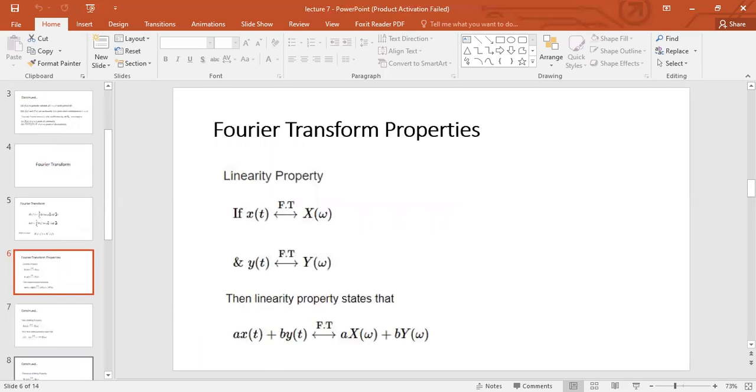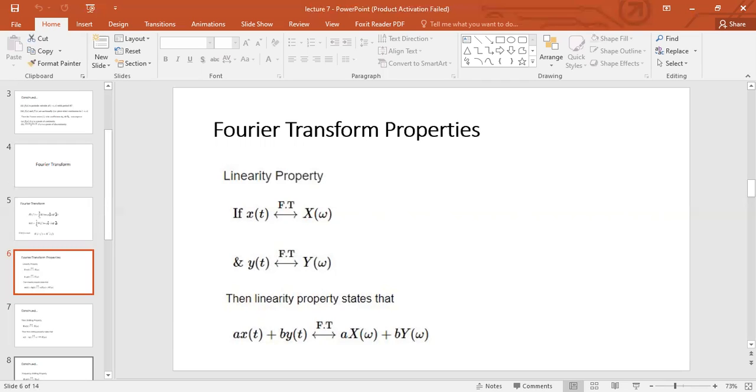Okay, now we see the properties of Fourier transform. Here are different properties of Fourier transform. The first property is linearity.